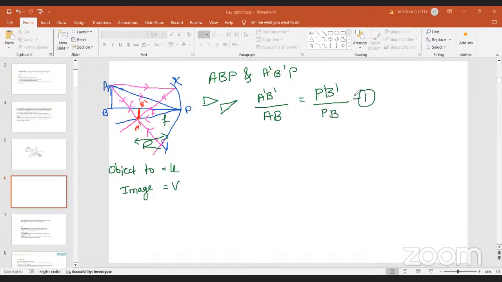Hope it is clear to you how we have written equation 1. Equation 1 we are writing based on the similar triangle properties. That is, from the similar triangles with respect to the object and the image, A dash B dash divided by AB is equal to BP dash divided by PB, equation 1.